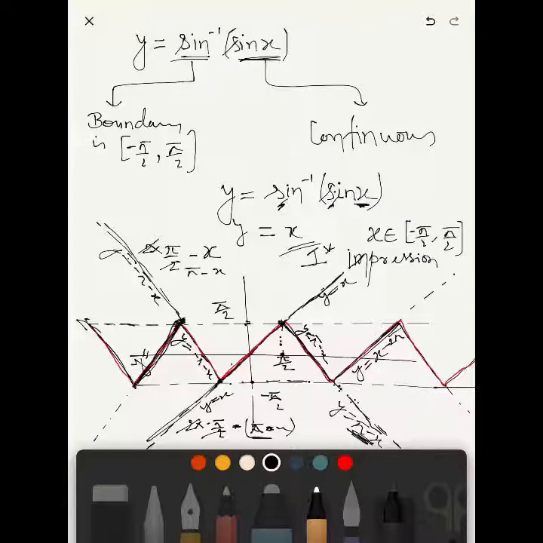It will come out to be x plus 2 pi. Just say 2 into boundary, 2 into boundary gives you pi, and when you subtract this minus pi minus x from pi, it will give you x plus 2 pi, okay.